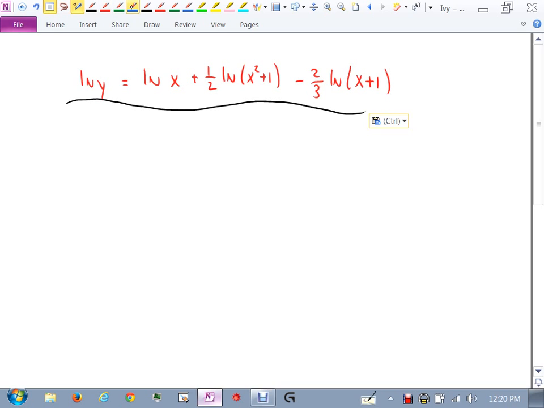2b? Oh, yeah. Okay, so the left side was 1 over y prime, right? The derivative of natural log of x is 1 over x.